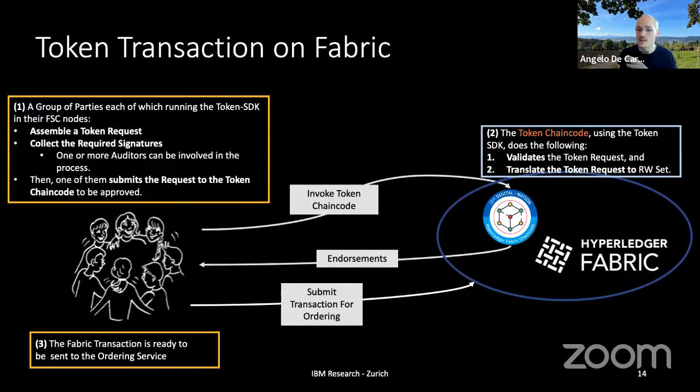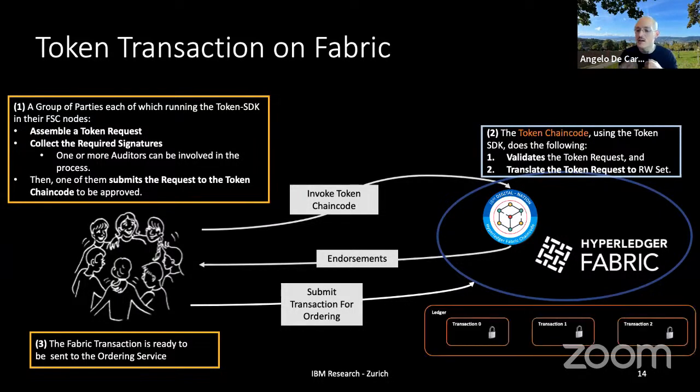The ordering service orders the transaction, and it is distributed to the entire network. As you know now, the committers verify essentially two things: that the transaction has been endorsed properly, so they check the signatures, and the so-called MVCC checks, which are about conflicts of keys in the key value store.